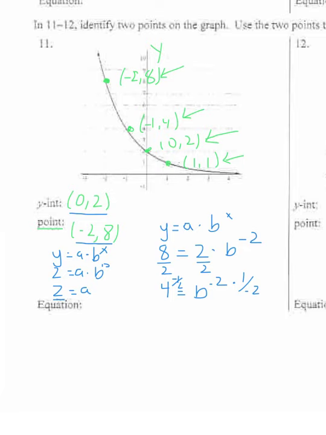Remember, it doesn't matter if the negative's in the denominator or the numerator, as long as it's in one, but not both the numerator and the denominator. So 4 to the negative 1/2 is 1/2. So our equation is going to be y equals a, which is 2, times b, which is 1/2, to the x.